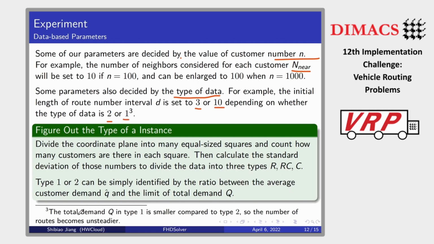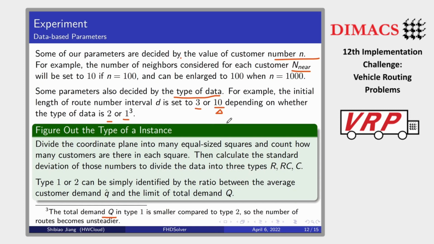Because the total demand in type 1 is smaller compared to type 2, you can imagine that if the total demand is very small, we will have more routes in the solution. So the number of routes becomes unsteady, so we just need to set the parameter to 10.